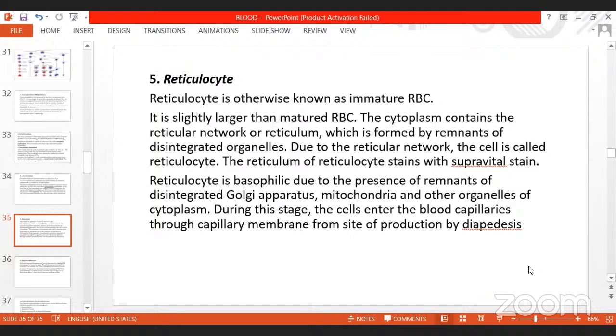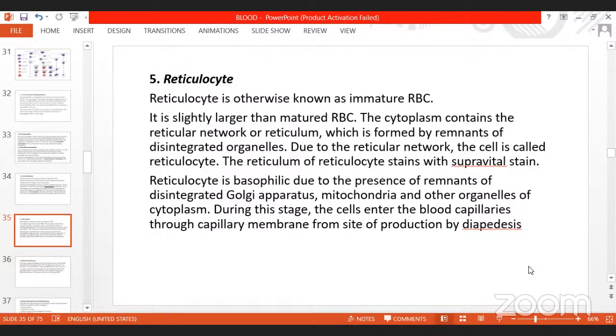And due to the reticular network, the cell is known as reticulocyte. It is seen with supravital stain. The reticulocyte is basophilic due to the presence of remnants of disintegrated Golgi apparatus, mitochondria, and other organelles of the cytoplasm.